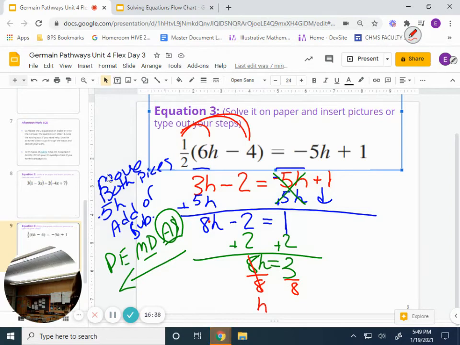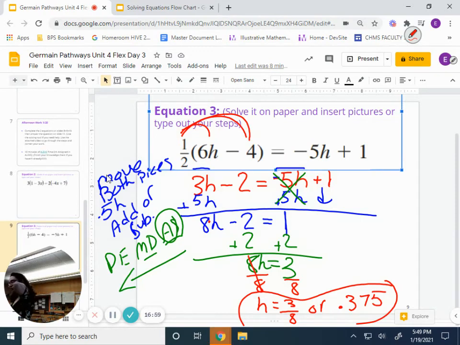And we can say h is equal to 3/8, or if you use your calculator, 3 divided by 8 is 0.375. That is your final solution for that one. Make sure you pause it and go through it again if you need assistance on it.